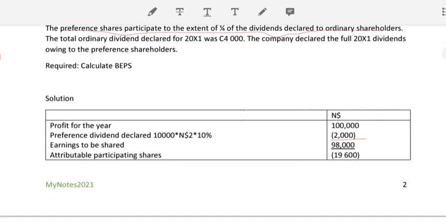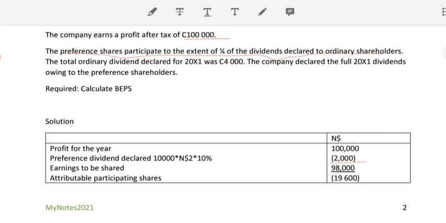If this is 98 and they participate 1/4 of the dividends declared to the ordinary shareholders, it means the preference shares get 1 portion of the 98, and the ordinary shares get 4 portions of the 98.